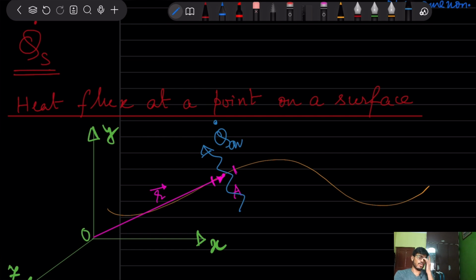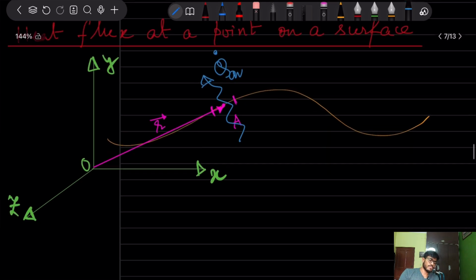That is because this area A contains an infinite number of points, but through all those points the heat transfer may be different. So if I have to define a single heat transfer rate through this area, then I have to go for the average of all the heat transfer through all the points on that area. So that is the Q dot average.